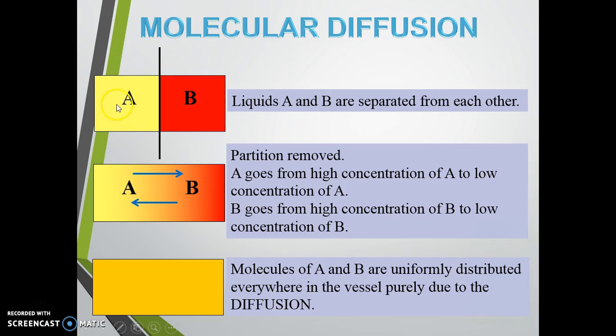So high concentration of A will move towards the low concentration of A, which is at point 2, whereas the high concentration of B at point 2 will move towards the low concentration of B at point 1 until the molecules A and B are uniformly distributed. We call it also equilibrium state. So then there is no net transfer between A and B anymore.